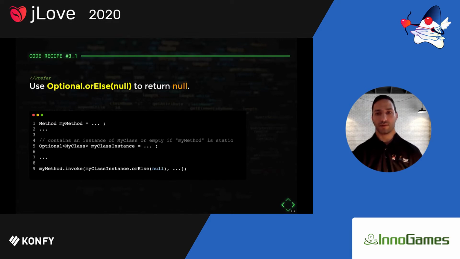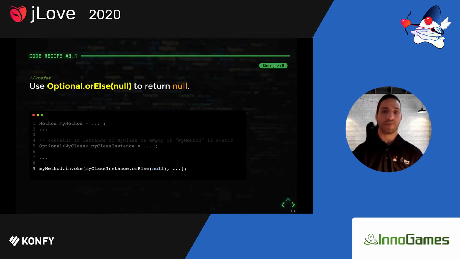And I would also like to mention something here, which is you will find me marking methods since Java 8 or since Java 9. So when you read this as a content or as a reference card, you know which method, orElse or get or whatever it is, was introduced, so you can avoid it if you are still using Java 8.